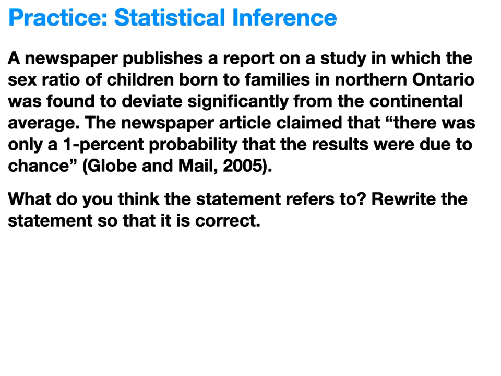And so the newspaper article claimed that there was only a 1% probability that the results were due to chance. So what do you think that statement, that quote, refers to? What concept out of what we've learned is that sentence about? And the sentence has an error. Can you rewrite the sentence so that it's expressed correctly? It kind of correctly applies what we've learned.